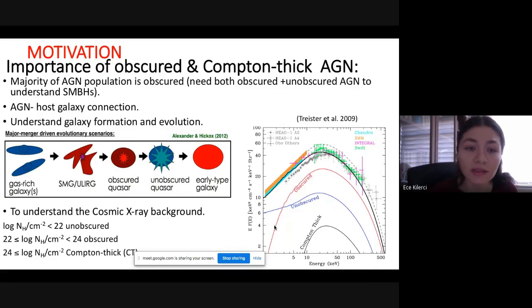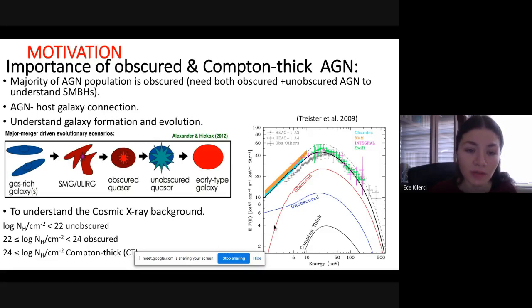The number of these systems is important too. That's why we would like to have new techniques and new information to find these galaxies.